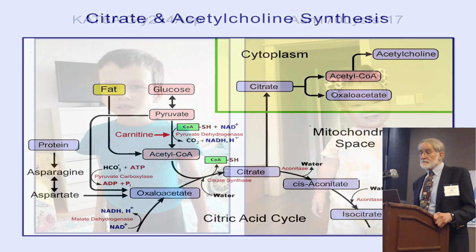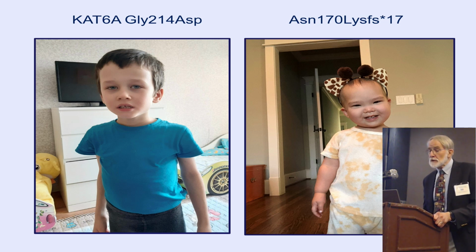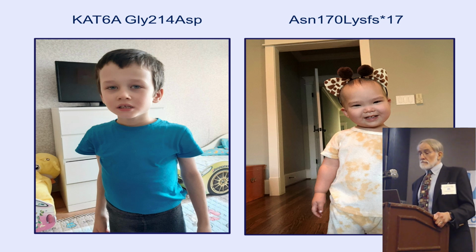So this is something I brought up last time, and this is the idea that there appear to be some children with gain of function mutations. And here are two children, and I think these are both KAT6A.